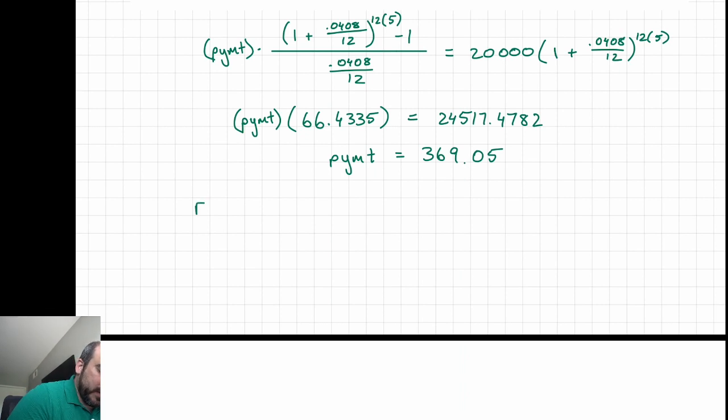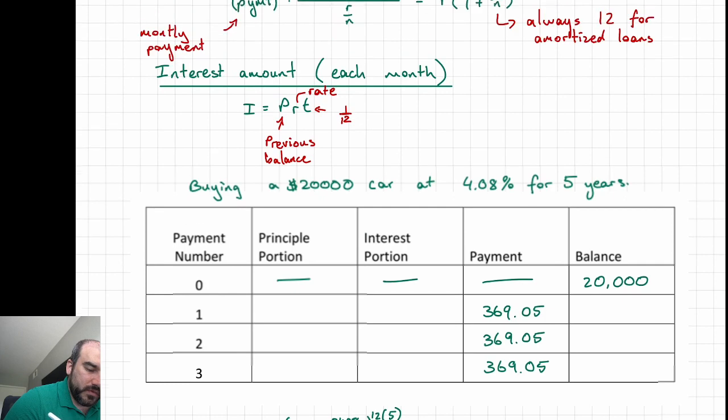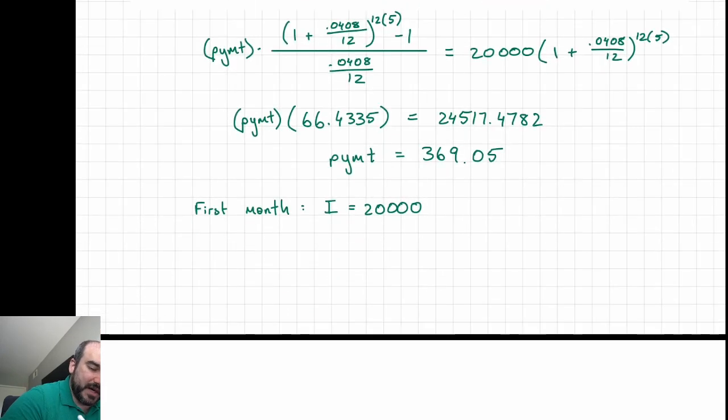So first month interest will be P, which is the previous balance, so 20,000 times rate times time, so times 0.0408 times 1 over 12. Which comes out nicely to 68.